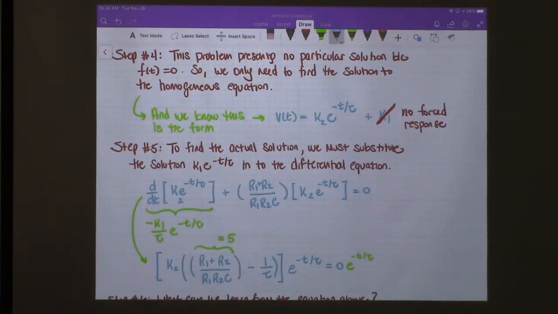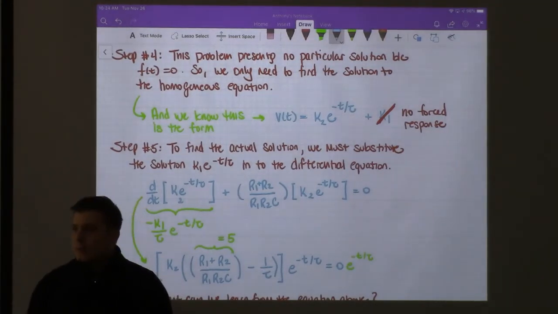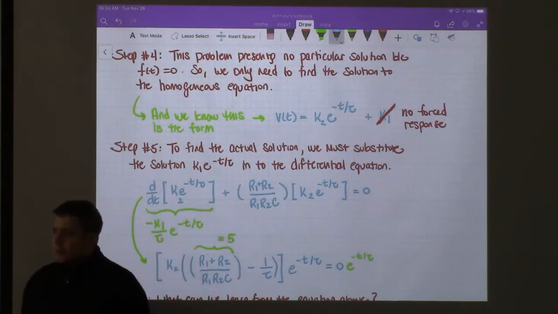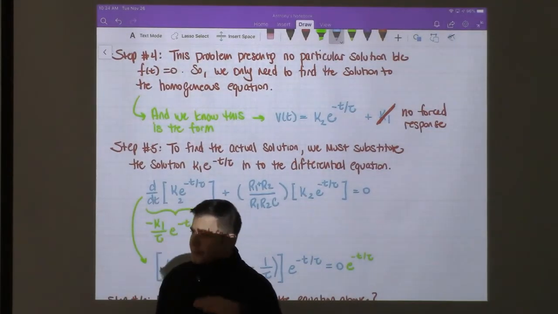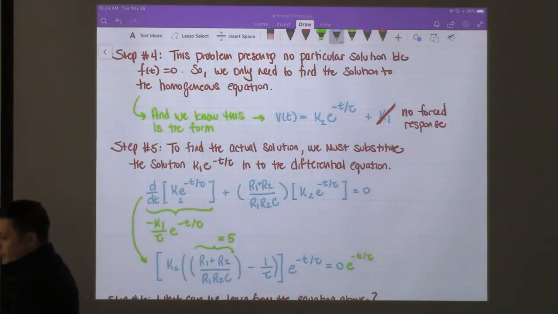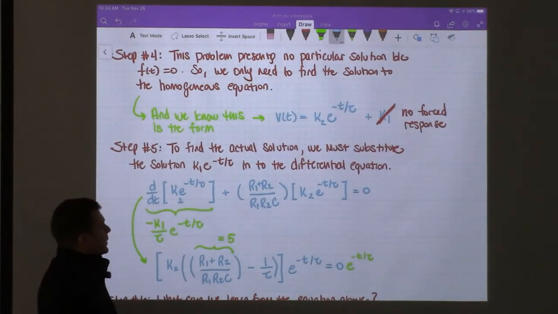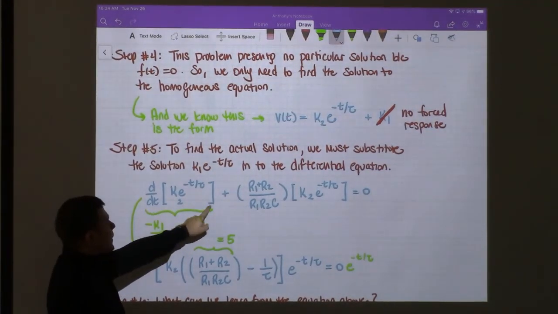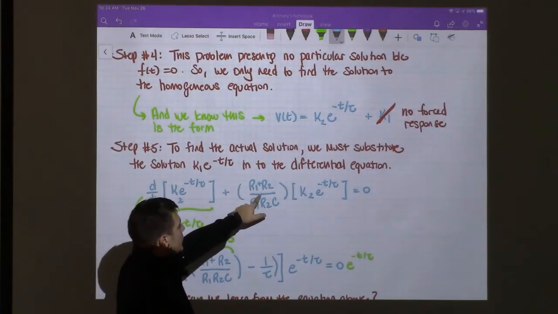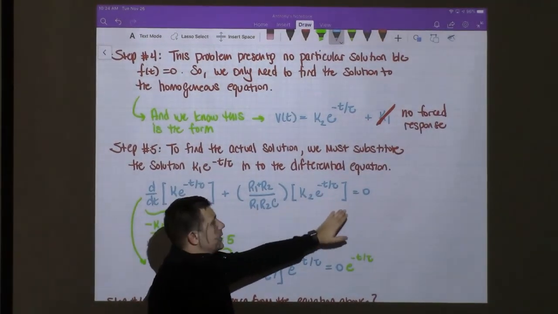So now, to find the actual solution, we're going to do the exact same thing we did before. We're going to take our solution, substitute it into the differential equation, and then try to solve for the values. So if we take this, k2 e to the negative t over tau, and substitute into the differential equation, we end up with the derivative of this plus r1 plus r2 over r1 r2c times the expression equals 0.